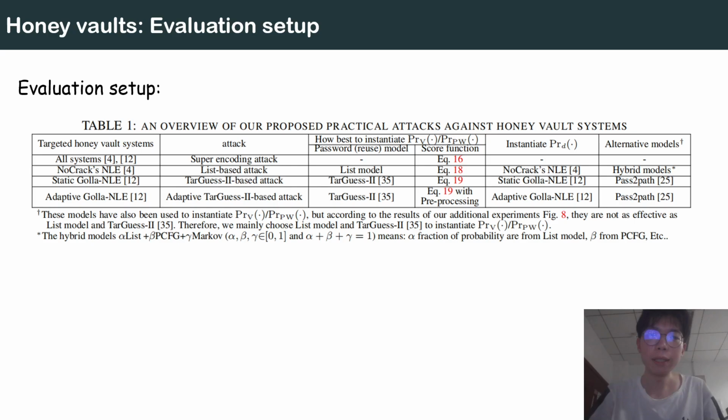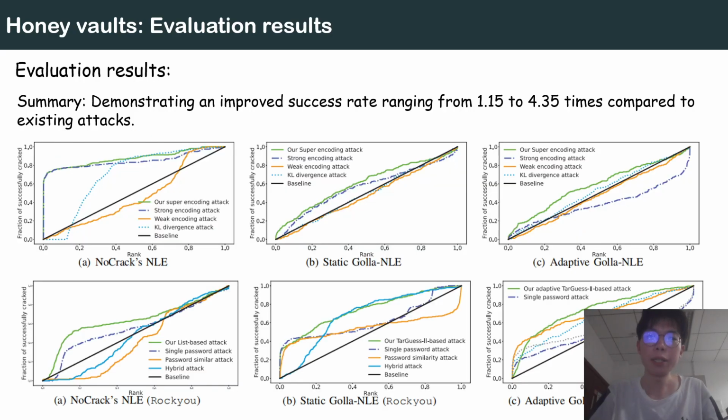The evaluated honey vault schemes mainly include NoCrack and Golla NLE. In summary, the evaluation results demonstrate an improved success rate ranging from 1.15 to 4.35 times compared to existing attacks.